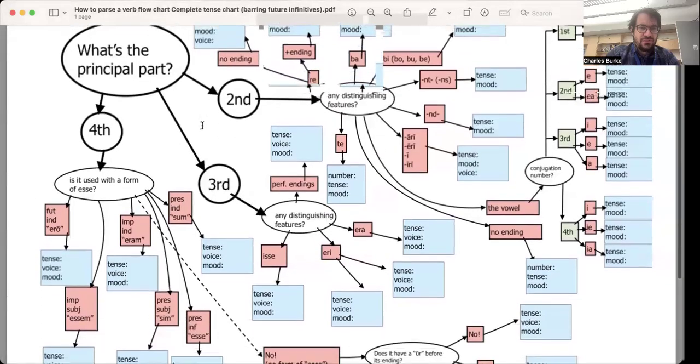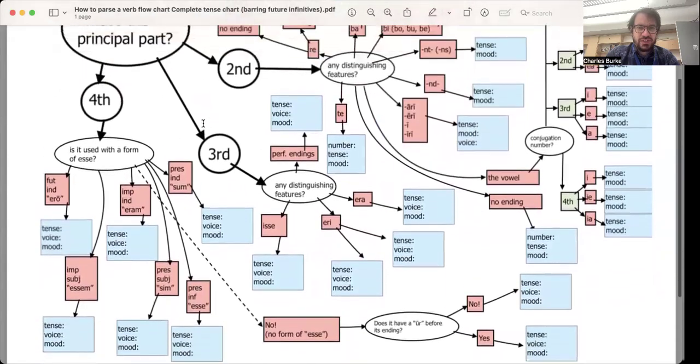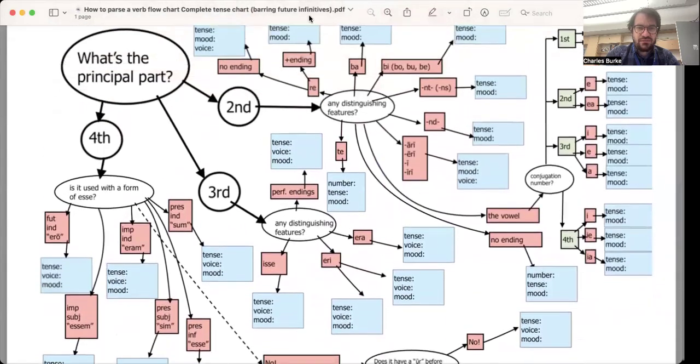Okay. So this part I know is the most confusing, and so probably one you had trouble with. To make it easy for you to check your work and see what went wrong, let's just pull up annotate. There we go. So the first thing you need to know is very basically, in almost every case, if you see second principal part, we know it's present, imperfect, or future.